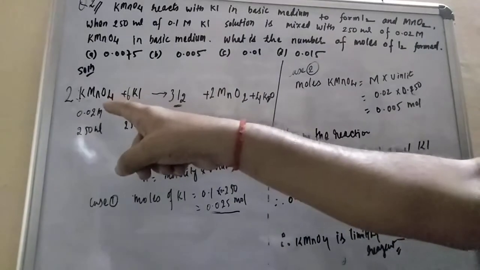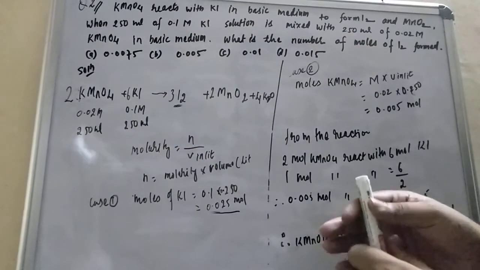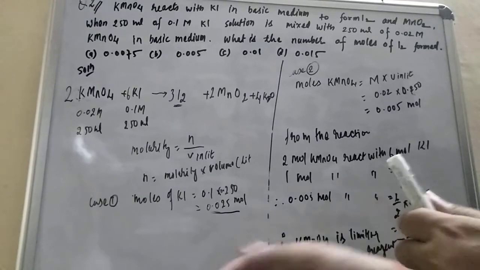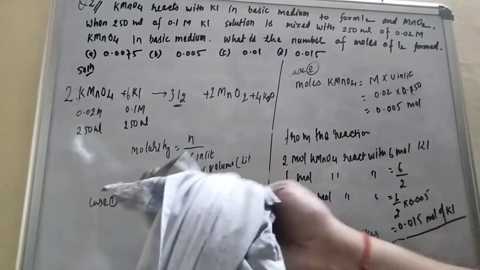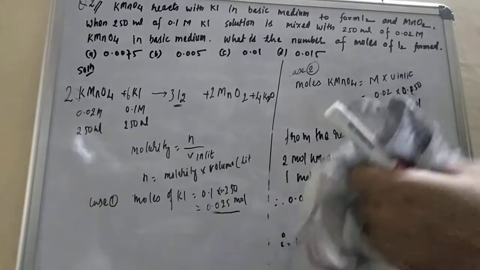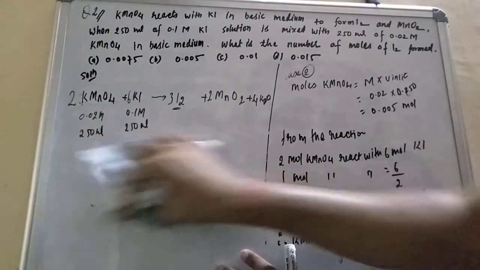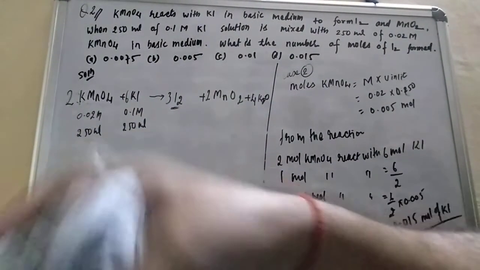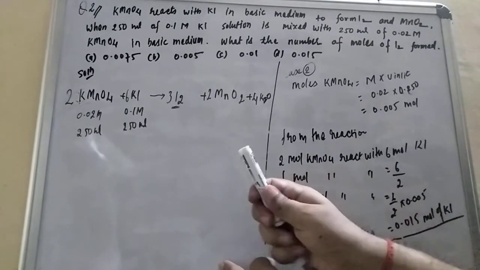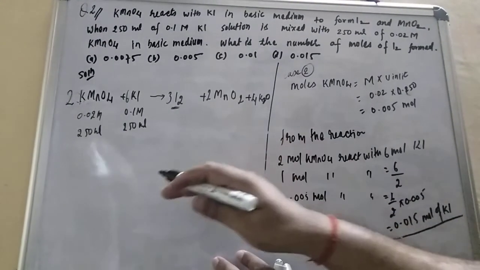We are leaving KMnO4 now, because it is the limiting reagent. Now we are taking KI, which is not the limiting reagent. So let us see how we can do the second part.